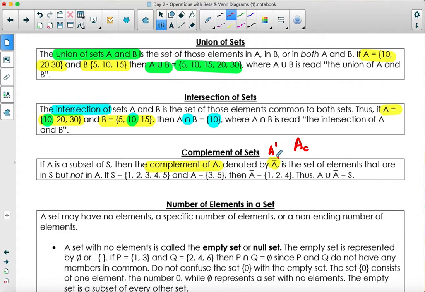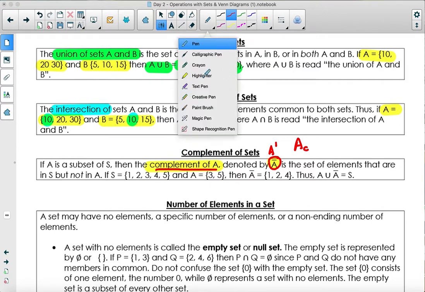So this is more often the way you're going to see it, but these two ways are also representing the complement of A, or sometimes they just write out the words complement of A or complement of B. Often on the regions, they'll just use the words complement to make things a little bit clearer for you.